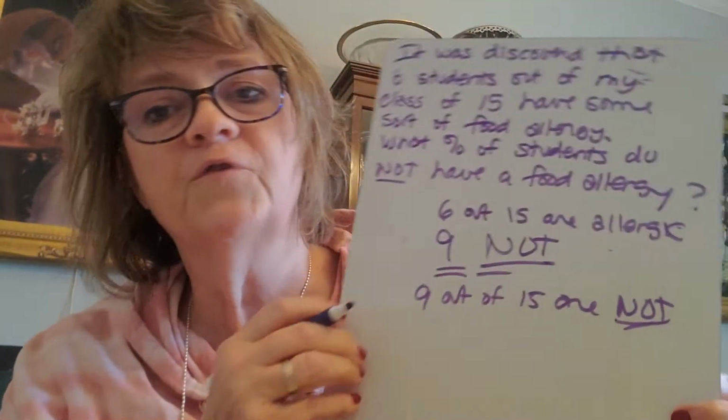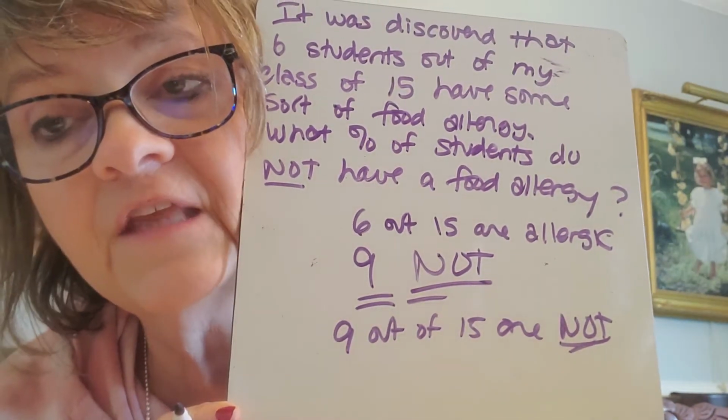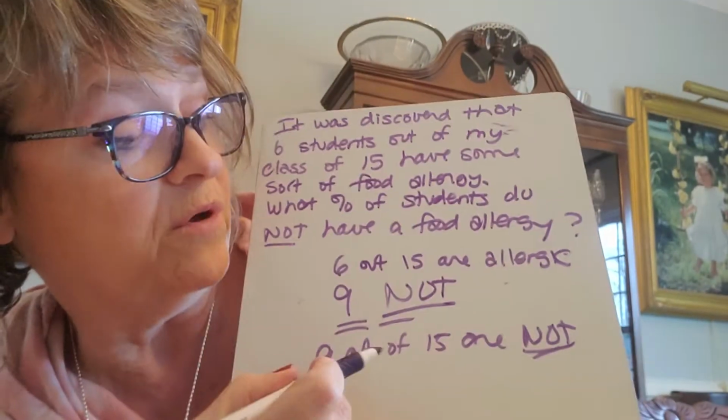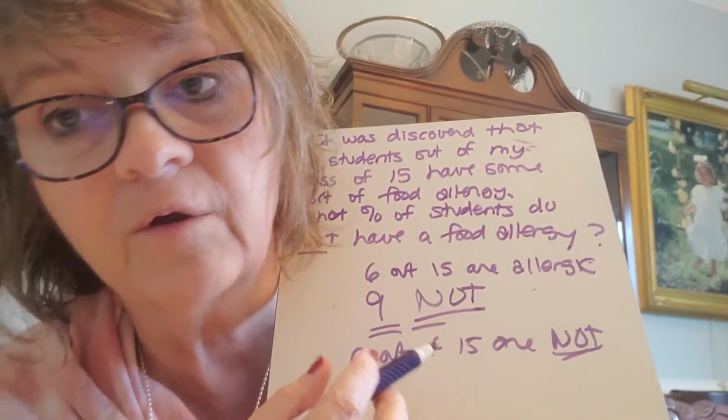All right, so you could have used the 6 out of 15 to get how many were and then subtracted that from 100%. That's one way to do it. Or you could say, well, 9 of them are not allergic. So I'm going to use 9 out of 15, okay? So in other words, they're asking what percent of 15 is 9.